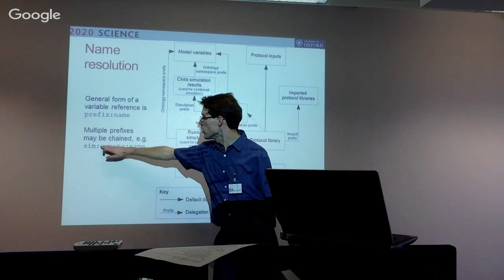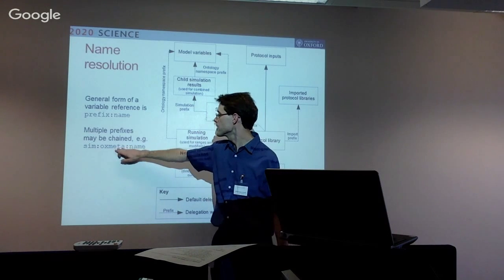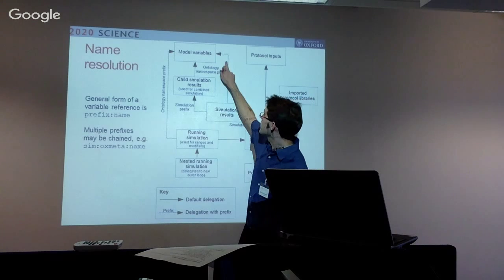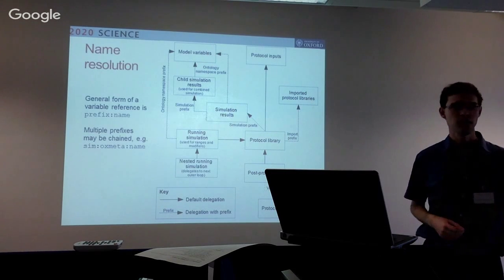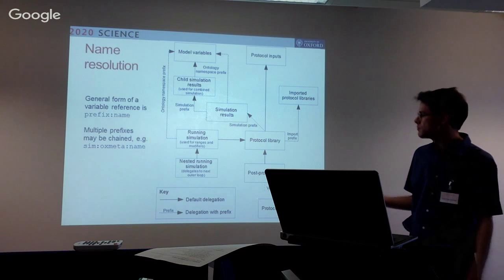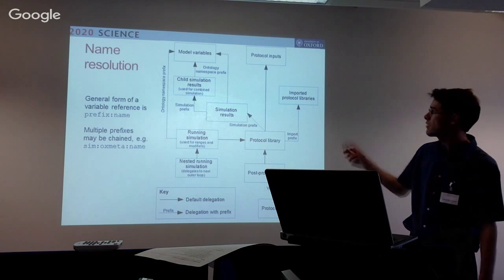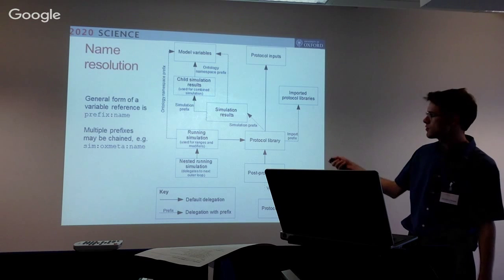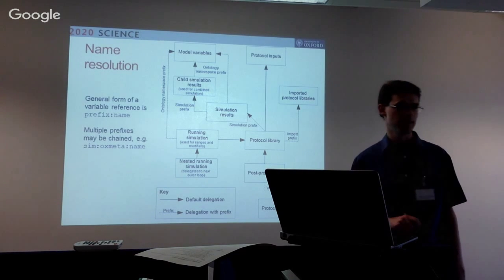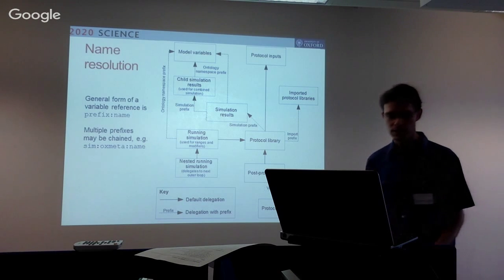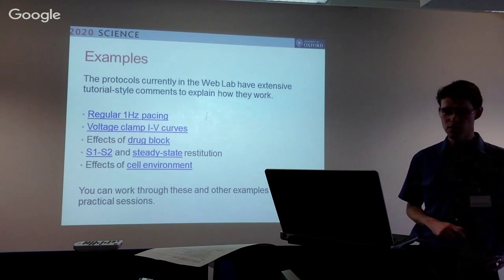In this case, I've actually got an ontology term, I've got an extra prefix here, so I've got another dotted line taking me straight to a model variable that I'm then looking up. So basic names follow the solid arrows to find them, and then dotted arrows take you down a prefix to find variables. Hopefully that becomes a bit more clear with some examples.